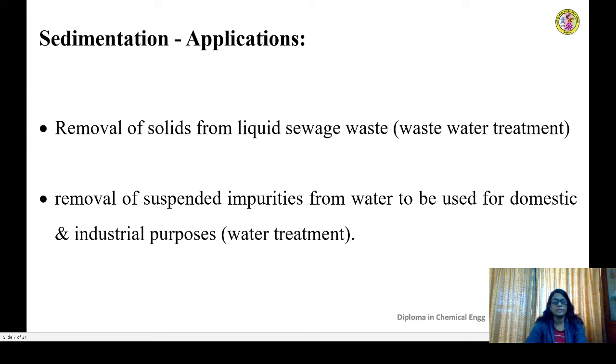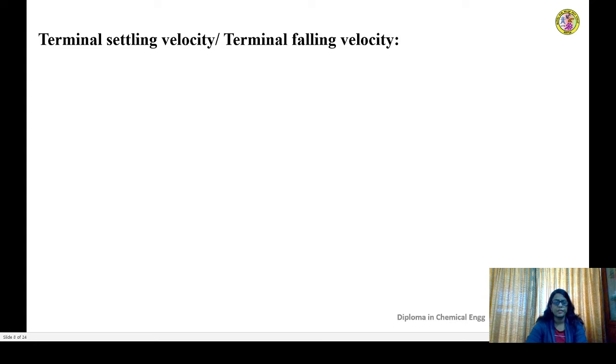To separate those suspended particles also requires a sedimentation application. That is another place where you use sedimentation operation. So these are the important applications where we find sedimentation to be a useful operation to separate solids from liquids.